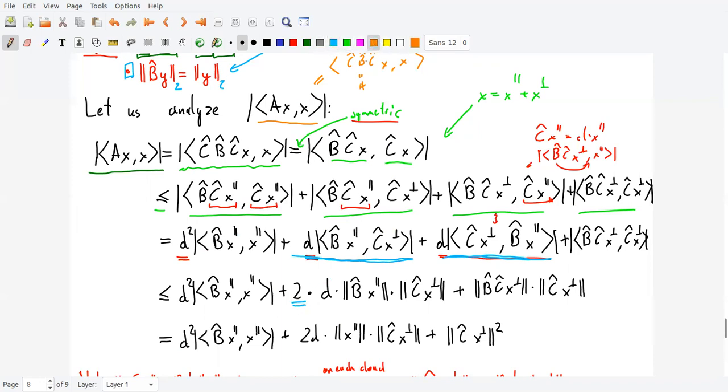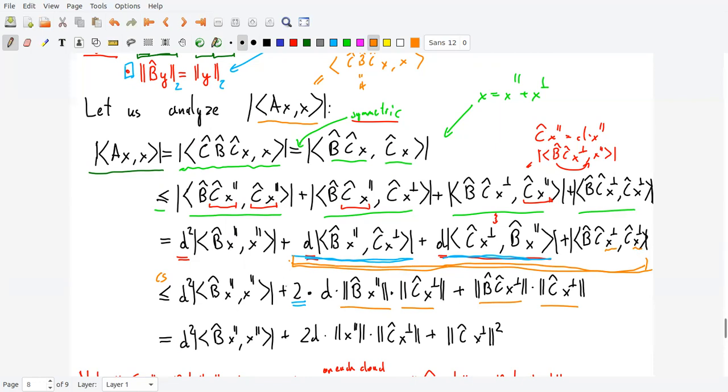Now I can just apply Cauchy-Schwarz to bound all these remaining terms by the multiplications of the norms of the factors in the cross product. This is the usual trick, because essentially these are noise summands, corresponding to something involving the noise part x perpendicular.